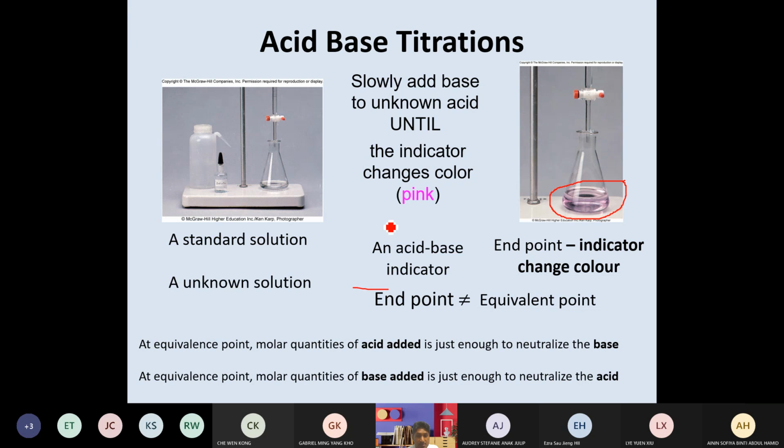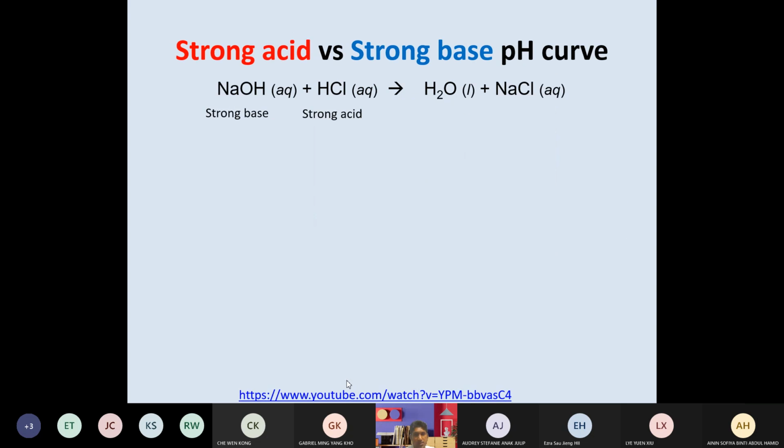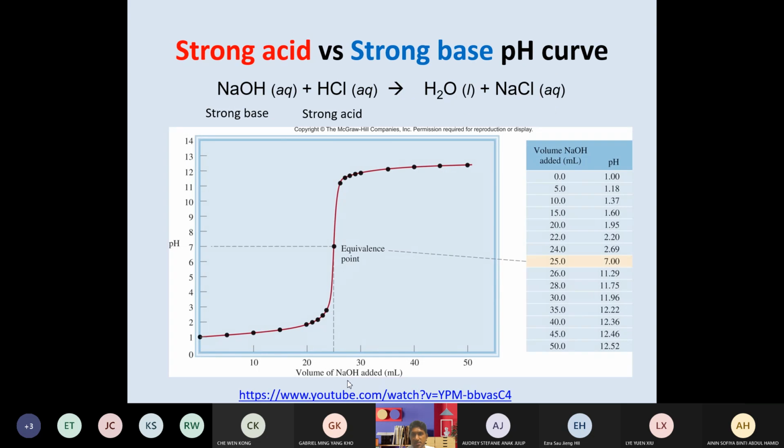The end point is where the color changes. There is another point, the equivalence point, which is not equal to the end point. I do have some slides later on, so I can show you an example.